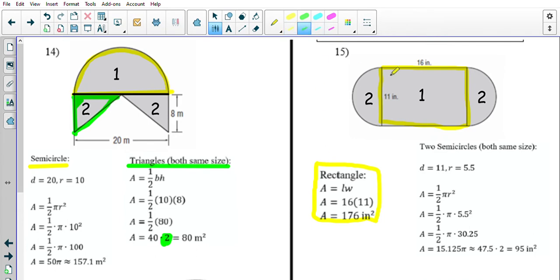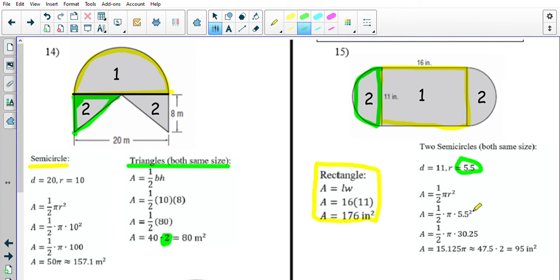Now for my semicircle, I'm going to do just one at a time. We're given the diameter of this thing. That's the distance the whole way across. That's 11. That means the radius is going to be 5.5. That's really important for us to have. That's half of 11. So I do half times pi times r squared for this semicircle.